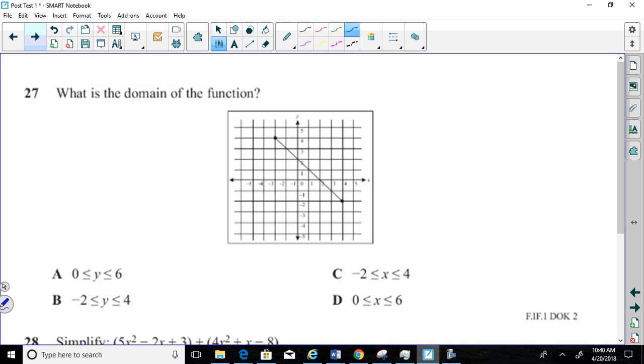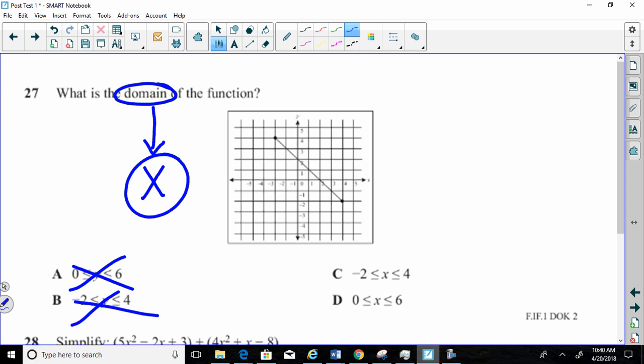So how do I know what domain is? What is domain? X, right? So first of all, if they're talking about domain, and notice they gave you the range answers and they're correct, but make sure you focus on what the question is asking. Which ones could I cross out that don't even have an X in there? Then here's my y-axis, right?